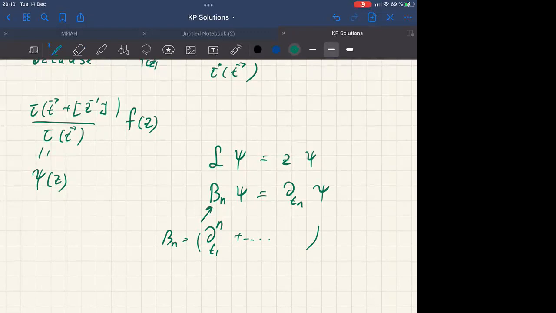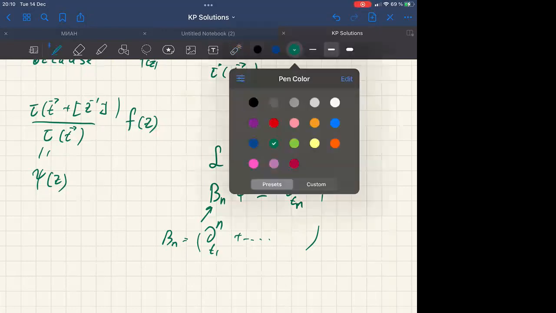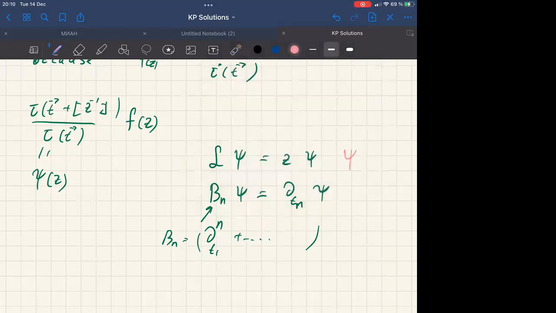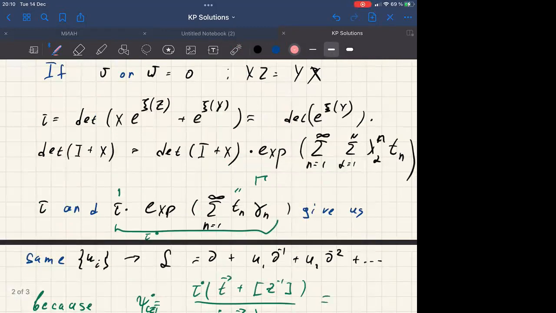So here we have tn. So it is clear that if we multiply psi by this function of z, it doesn't change anything. So psi dot of psi will also be a solution to this system. Psi dot is also a solution. So we could see that these two solutions are the same.